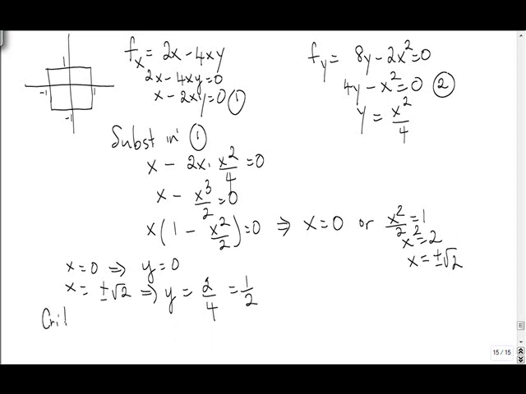So our critical points are as follows. 0, 0, positive square root 2, 1/2, minus square root 2, 1/2. All right.